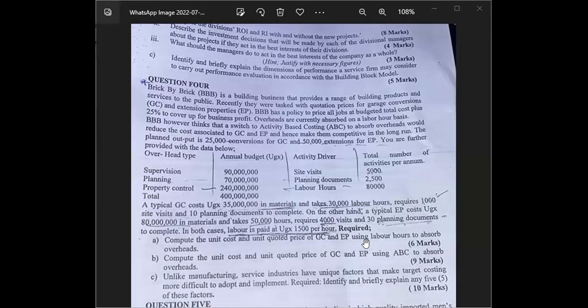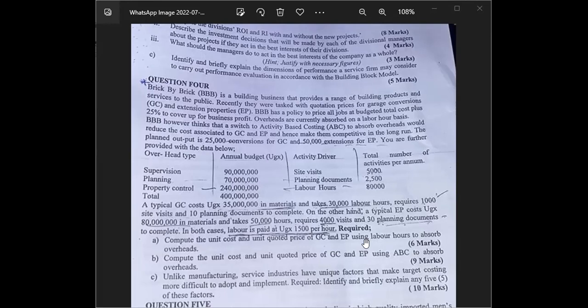Then they say that BBB, however, thinks that a switch to ABC to absorb overheads would reduce the costs associated to GC and EP, and hence make them competitive in the long run. Those are the cost centers. The planned output is 25,000 conversions for GC and 50,000 extensions for EP.